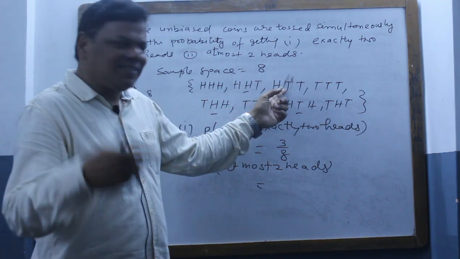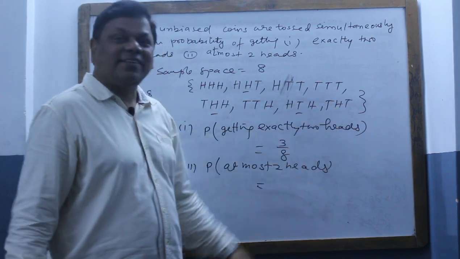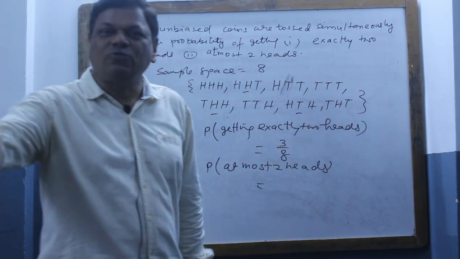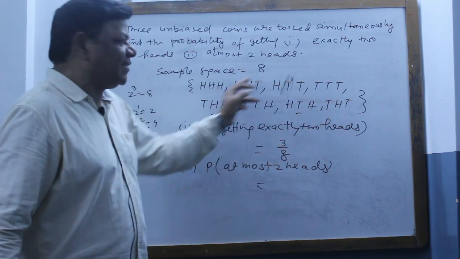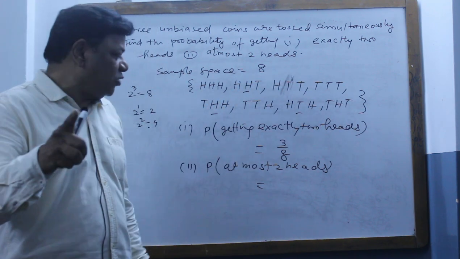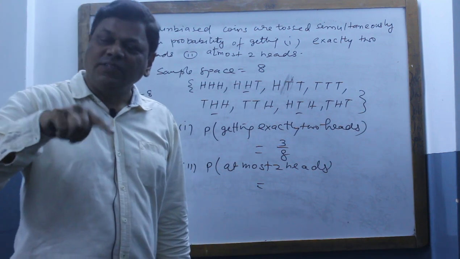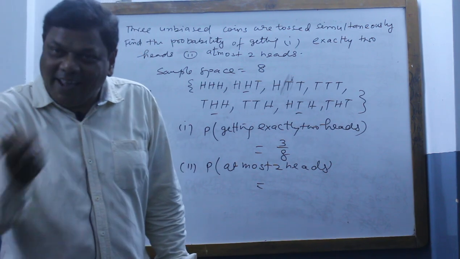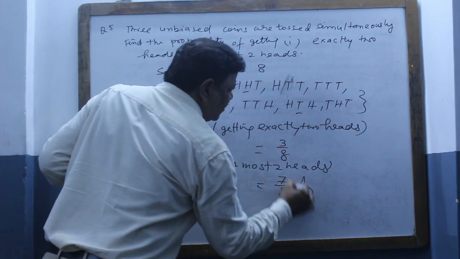Here 1 head I consider also, and these also. 0 can also be taken. So altogether 7 cases are there; except this one, all these I will take. At most 2 heads means 2 or less than 2. At least 2 means 2 or greater than 2. So altogether 7 cases are there, so 7 by 8 is your answer.